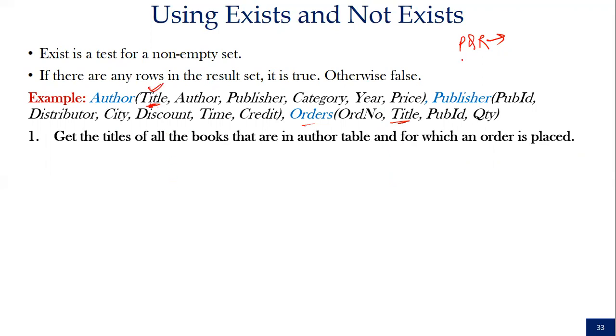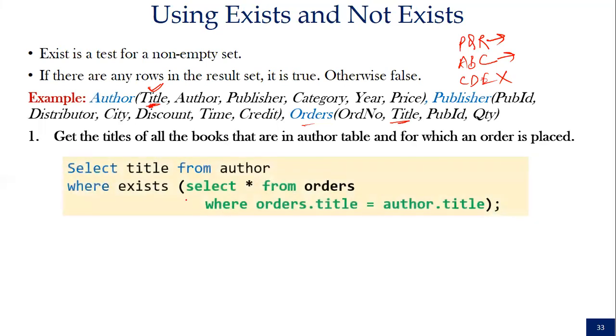Then pick up the next title, like ABC is the second row. If ABC is available in order, if yes, then select that row. Next, if I have CDE, check whether that title is available in the order table. If no, then unselect or disqualify that row. Is that okay? In that way, this query will be executed.